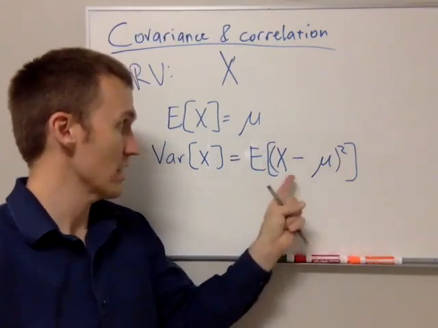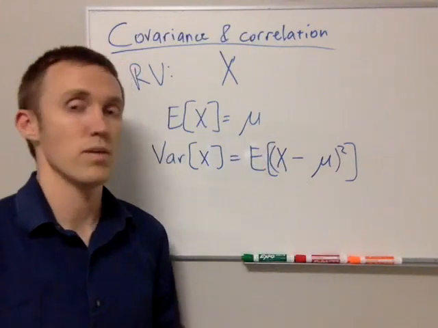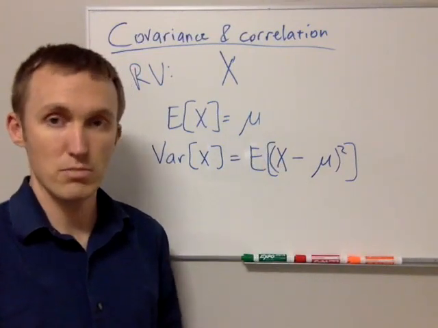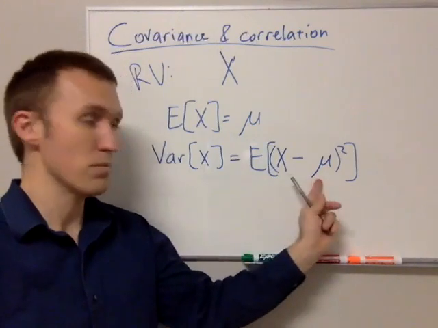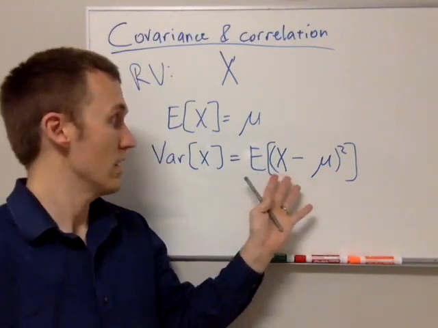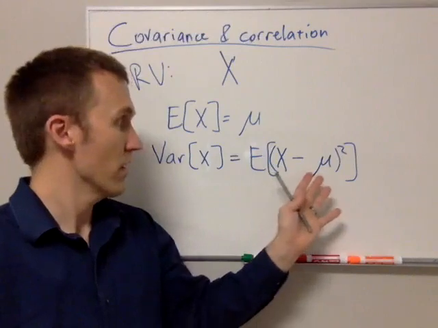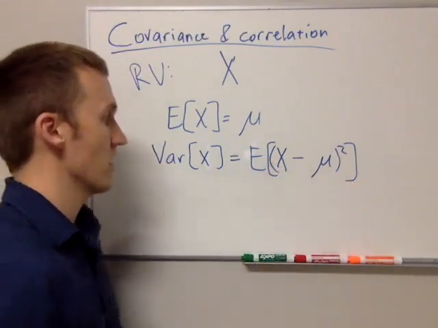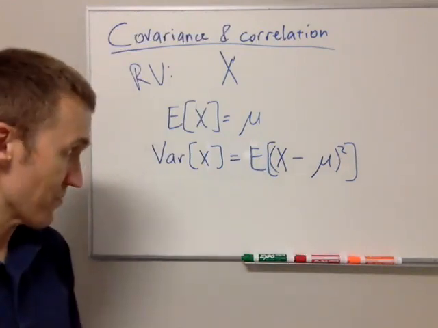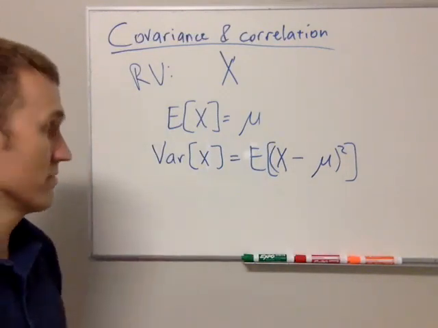So a couple of things. X minus mu, it's like a distribution that's been normalized by its mean, so the average is now 0. X minus mu is setting the average to 0, and then squaring means that we're getting all positive numbers. So the expected value of x minus mu squared is the variance.